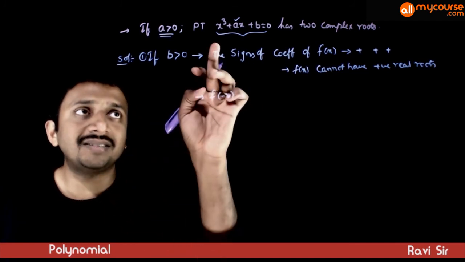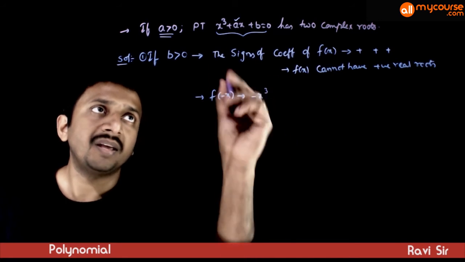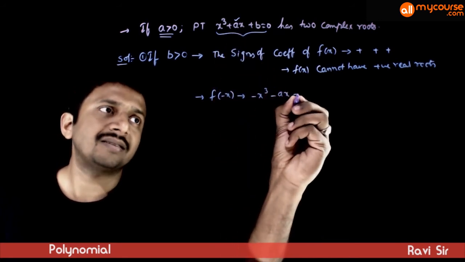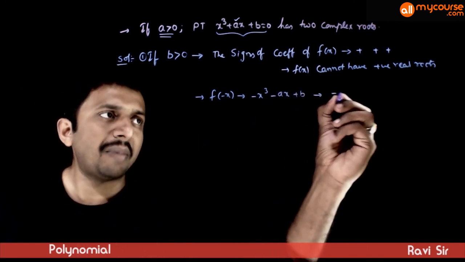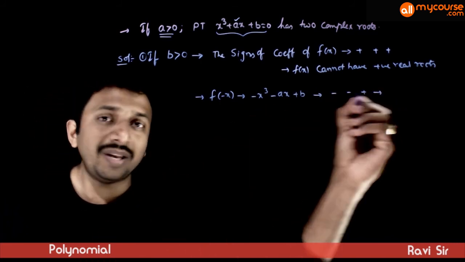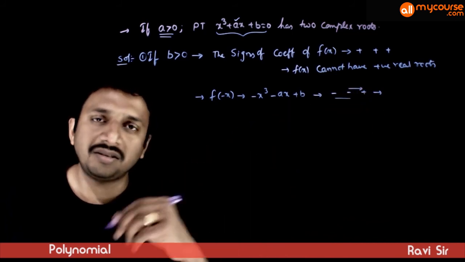F of minus x is nothing but minus x cube, and if you put minus x in the place of x, you get minus ax plus b. So what are the signs of this? Minus, minus and plus. Now how many changes of sign are there? You have no change here, one change here.